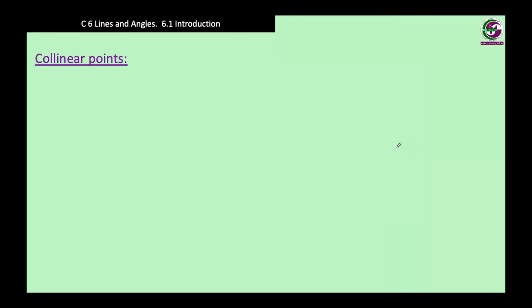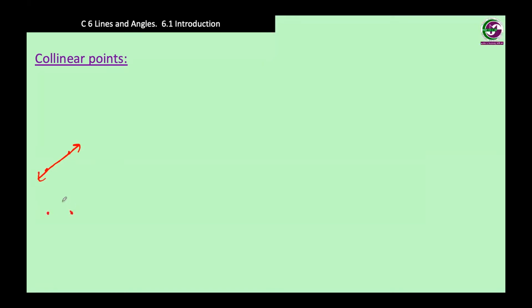Now let us see the next word of this lesson, collinear points. In chapter 4, we studied that passing through any 2 points, we can draw a line. So if you have a point here and here, we can draw a line. But what about if you have 3 points?